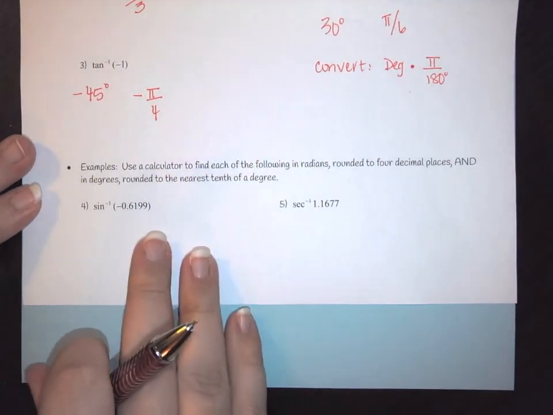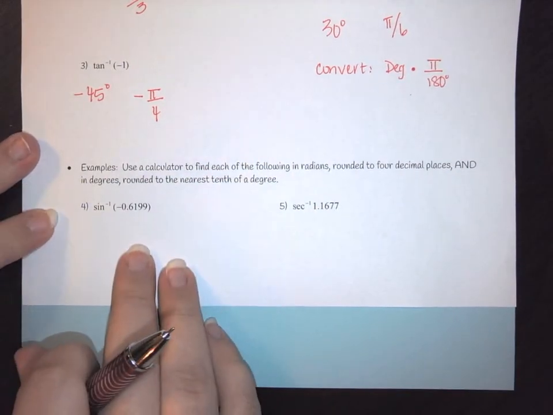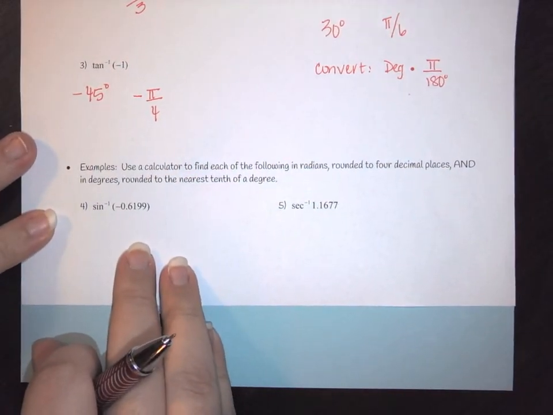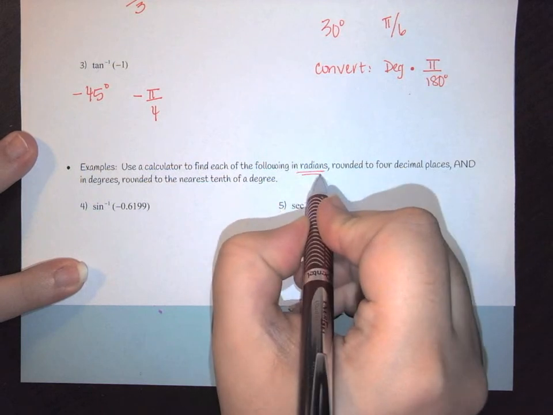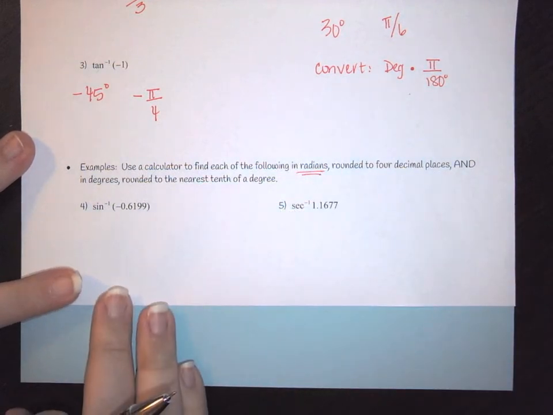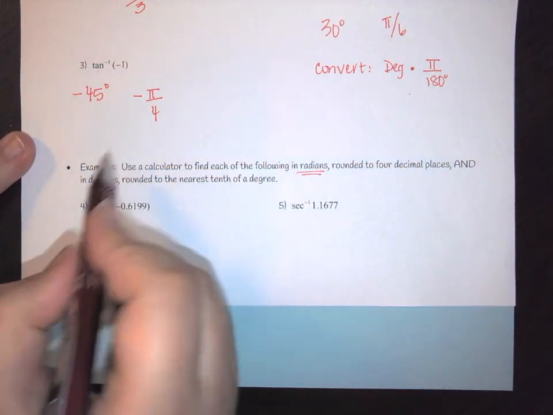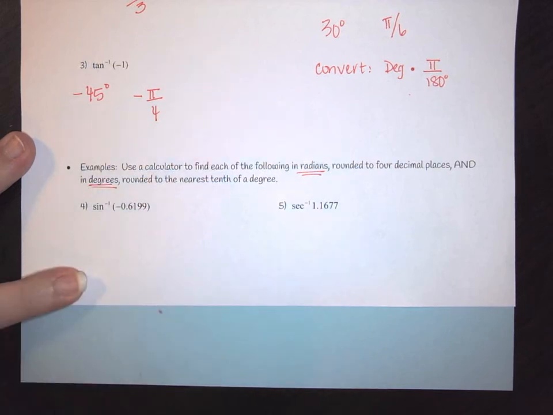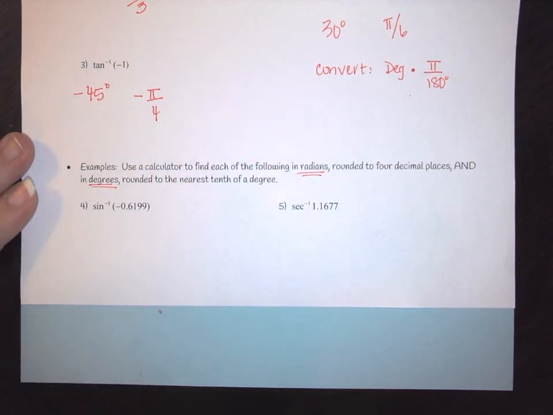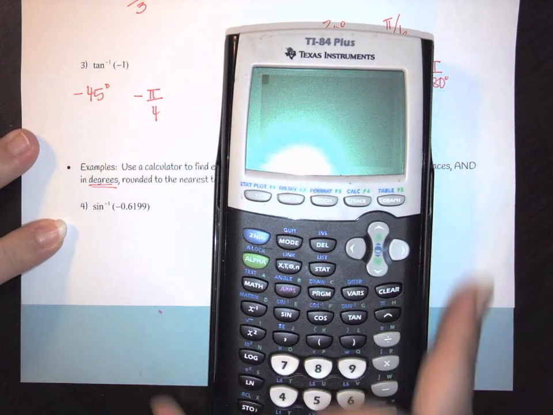Now, in these last couple examples, it says to use a calculator to find each of the following in radians and round to 4 decimal places, and in degrees, round to the nearest tenth of a degree. Okay? So here, we're going to have to use our calculator in 2 modes. So first, my calculator is already in degree mode.